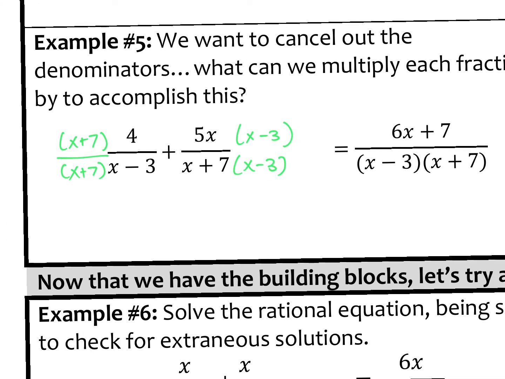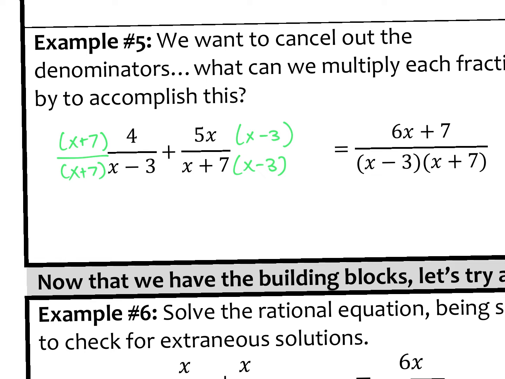And now if you look, we have a common denominator on both sides of the equation. x minus 3, x plus 7 on both sides. All terms have that, okay? So what we can actually do is by multiplying both sides by x plus 7 and x minus 3, we can clear the fraction, okay? And what happens is they end up canceling.